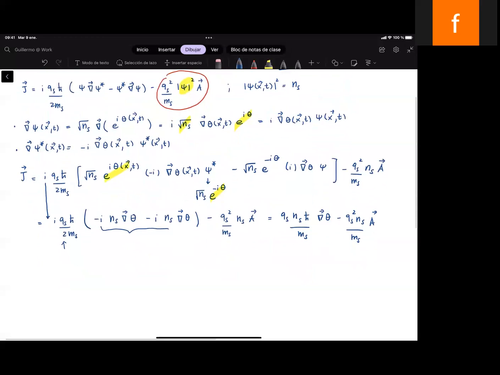So here there appears something really interesting. In the case of a homogeneous charged superfluid, we can factorize q_s n_s over m_s.